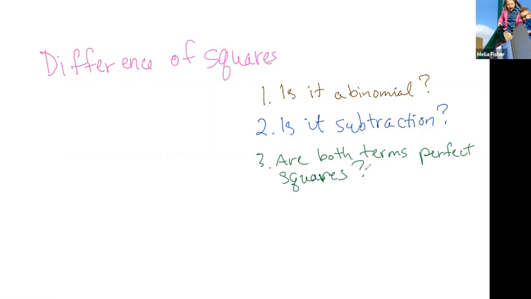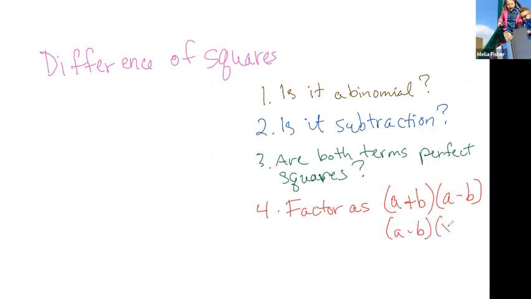If that's all true, then we can factor as a minus b and a plus b. Or you could write a plus b, a minus b. Same thing, okay? One is positive, one is negative.